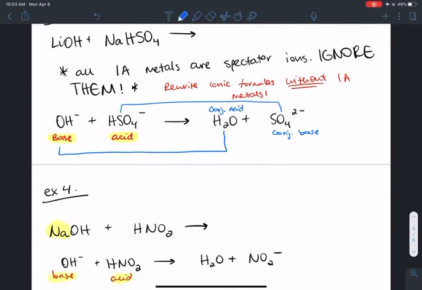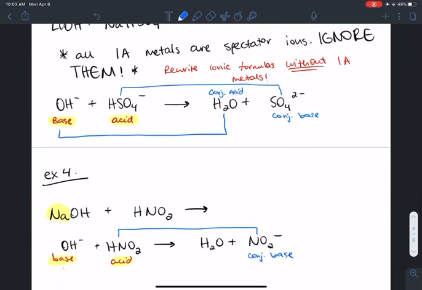Acids donate protons, so the nitrous acid loses one of its protons and becomes the nitrite anion and also the conjugate base. The hydroxide base gains a proton again, becomes water. So this is our conjugate acid. So a fully labeled reaction, you're going to have a base and acid, a conjugate acid, and a conjugate base. That's what I mean by a fully diagrammed acid-base reaction.